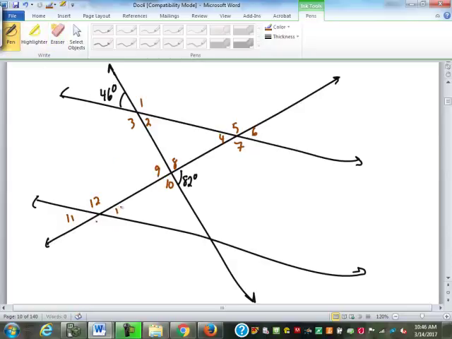Yeah, 13 usually comes after 12, doesn't it? Find those 18 angles.